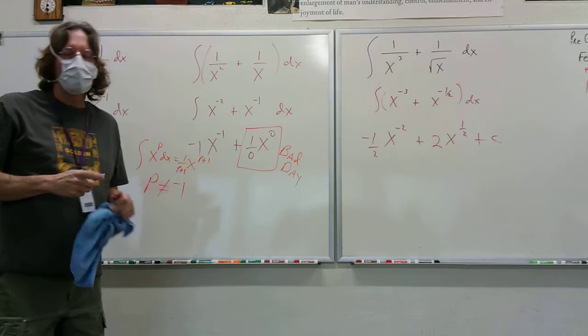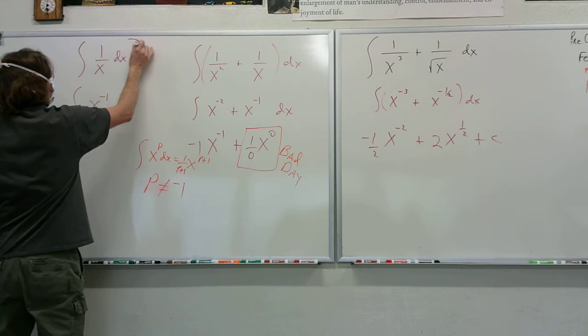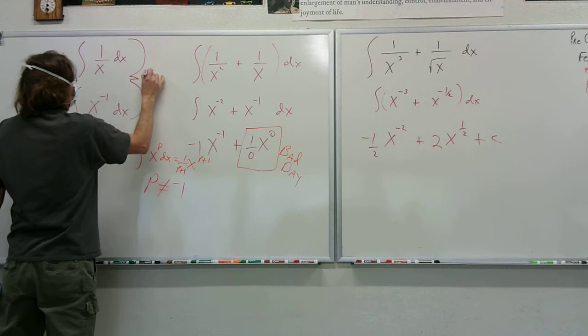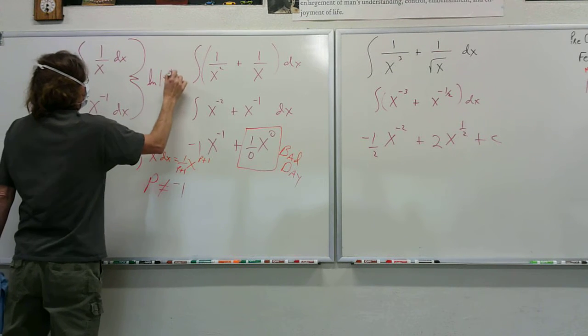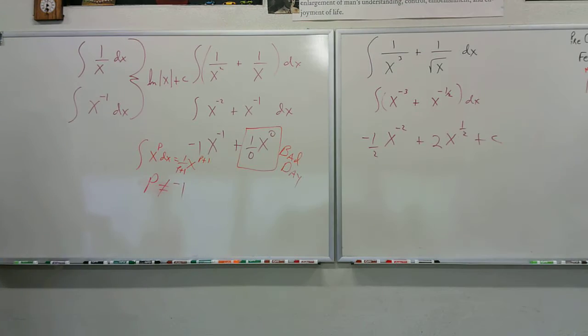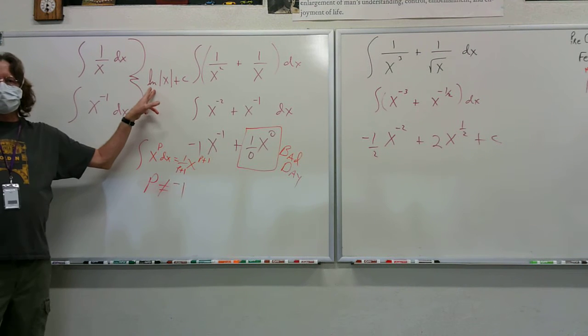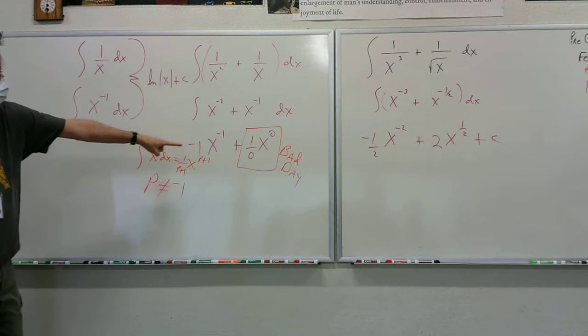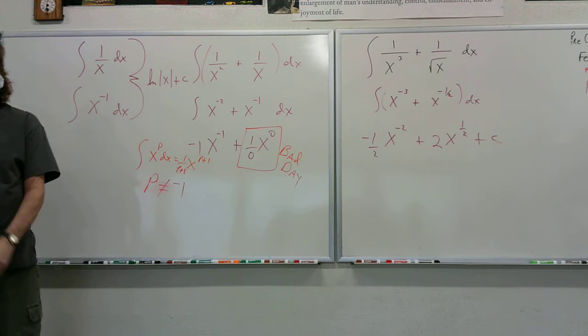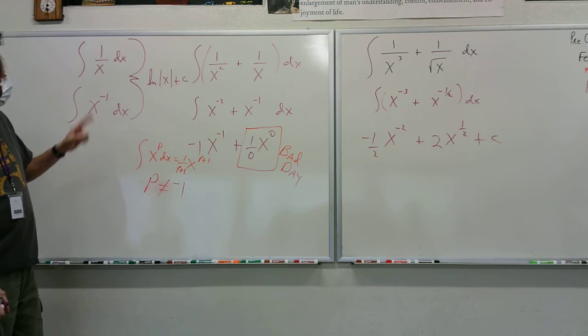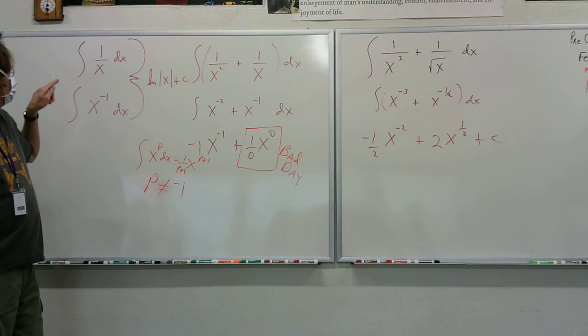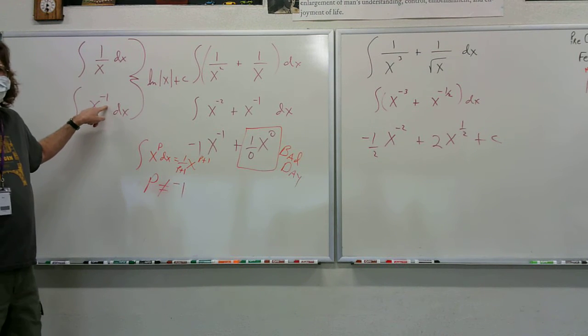The natural log. Natural log of absolute value of x plus c. The natural log function is a transcendental function created to deal with that problem, to deal with that negative 1.